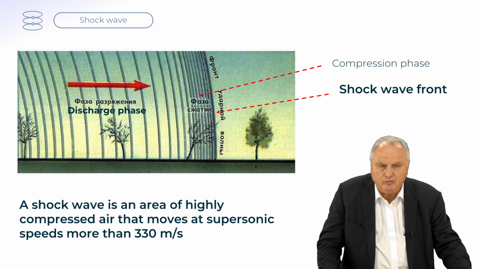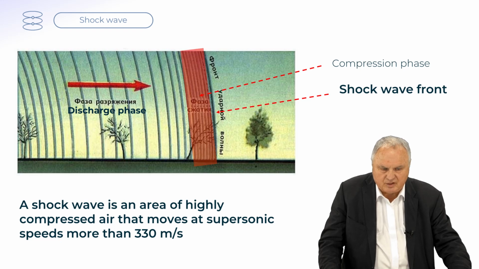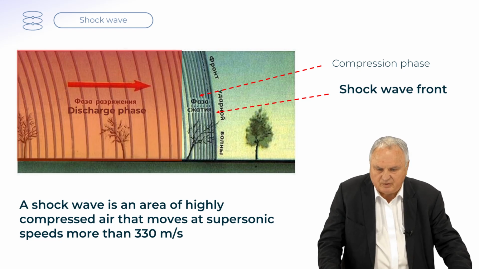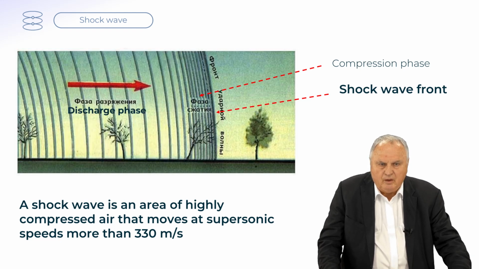The front itself moves through the particles of the medium at supersonic speed. Behind the front is a layer of compressed gas. This is the compressed area. Then the discharge zone, the decompressed phase. The decompressed phase is here. We will be mainly interested in the shock wave front and the characteristics of the medium before and after the front.